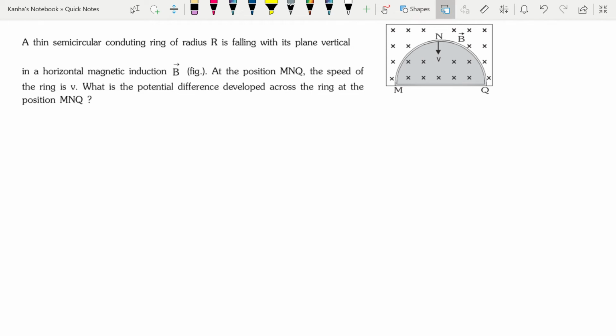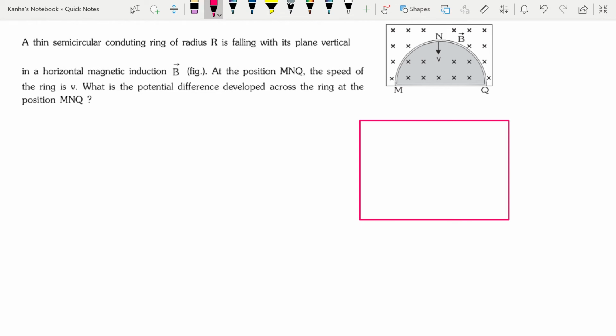So to do this, let's first draw what this really means. I'll draw this with another pen to make it more clear. So this was your initial position m, n and q.